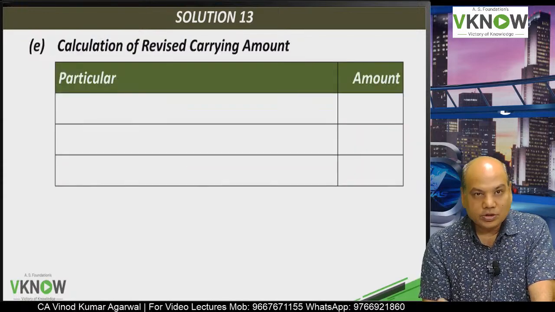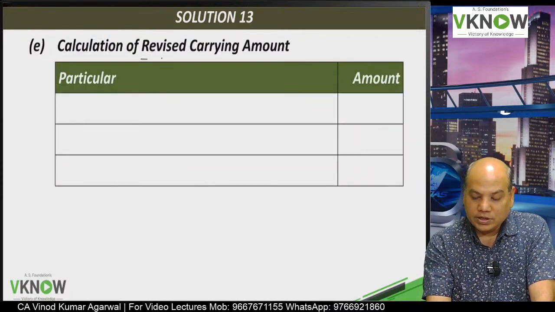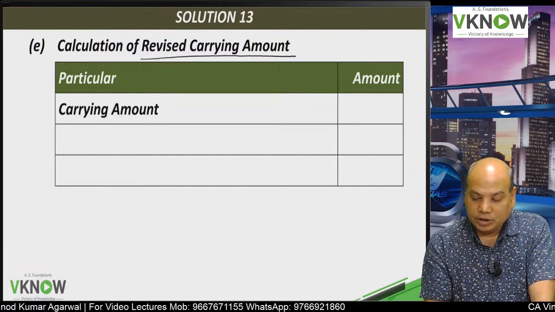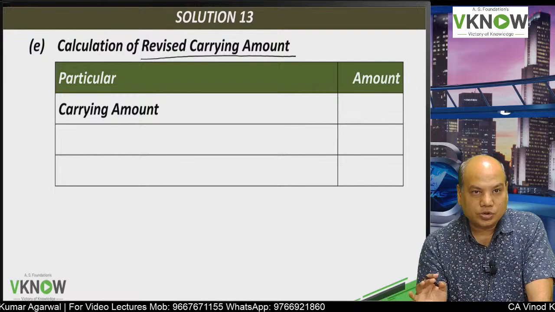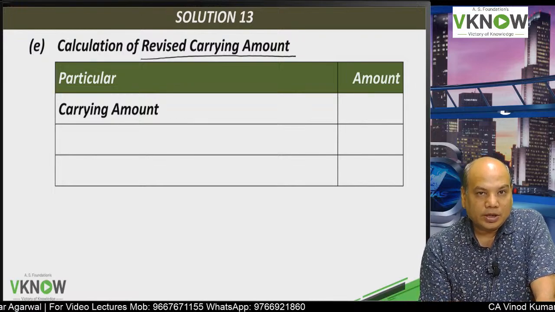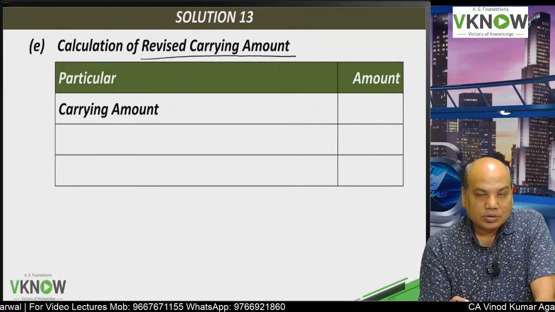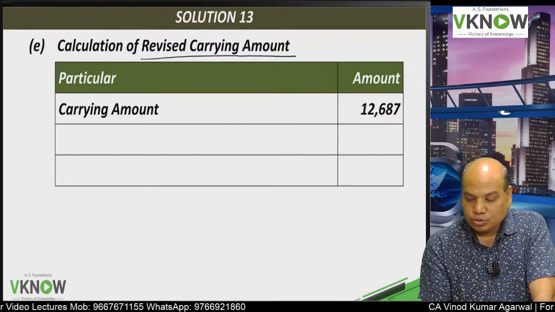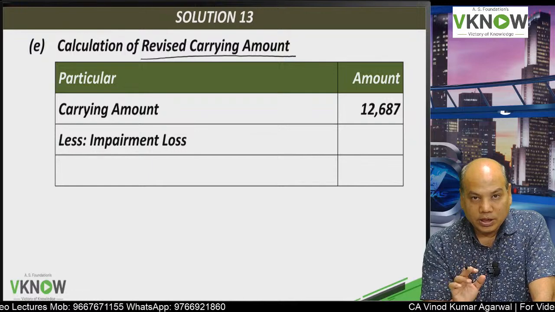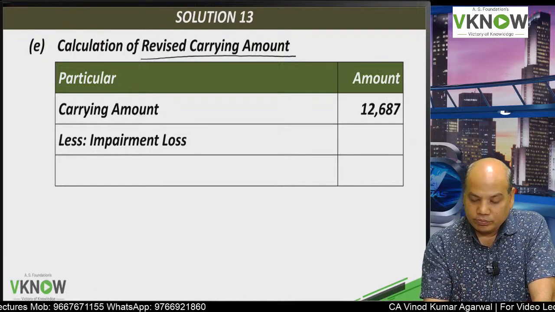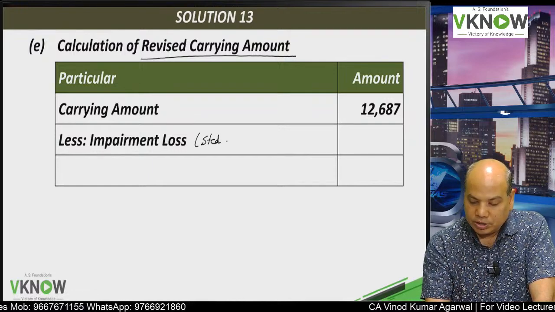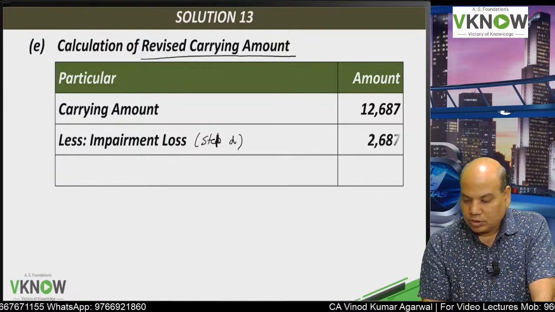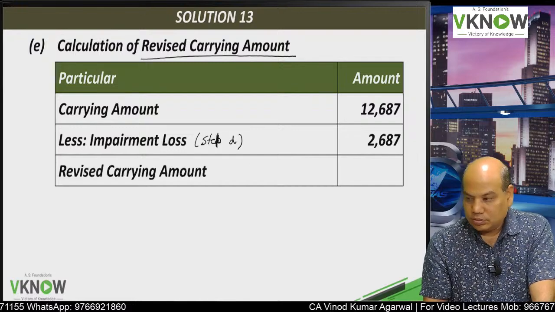So please write down step number E, revised carrying amount after providing impairment loss. Carrying amount before providing impairment loss 12687 minus impairment loss in the step number D is 2687.